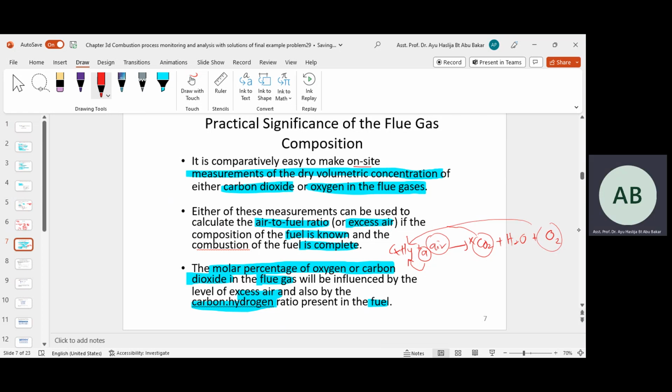That's why in the first topic, we analyzed the fuel part, because we need to identify the properties of the fuel, the molecular formula of the fuel, in order to know how much CO2 and other gases are produced in the flue gases.